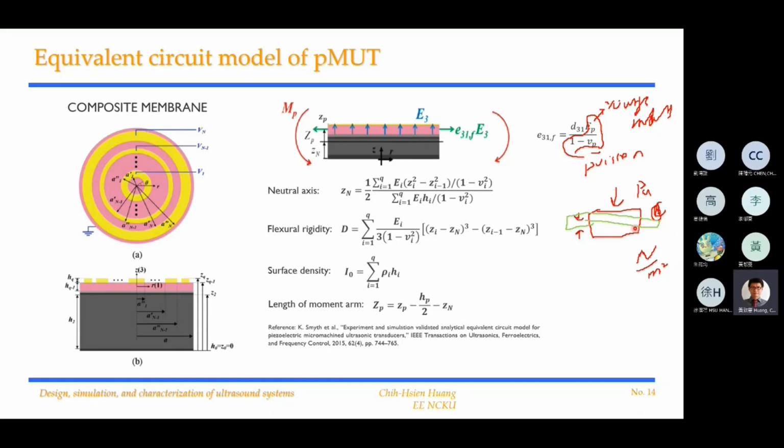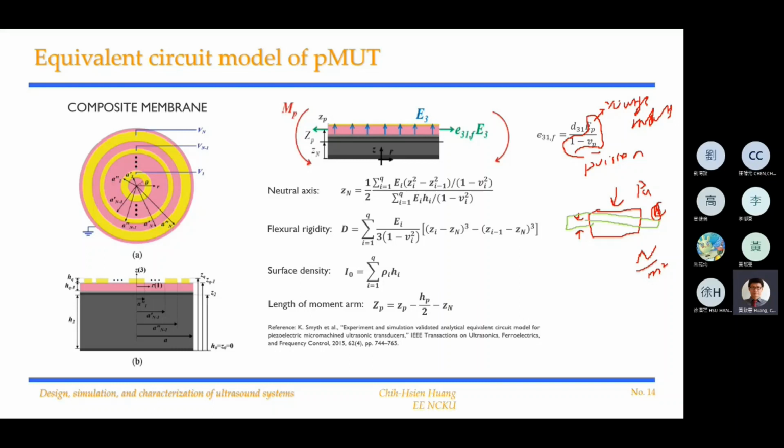So here we know the Poisson ratio itself is a ratio, so it doesn't have units. And for Young's modulus, the unit is Newton per meter square. For D31, the unit is Coulomb per Newton, right?